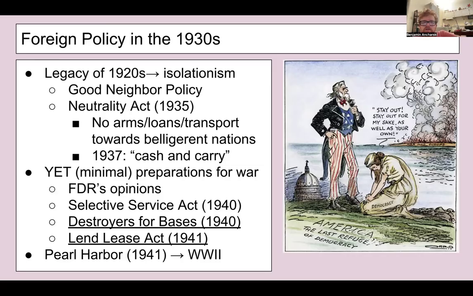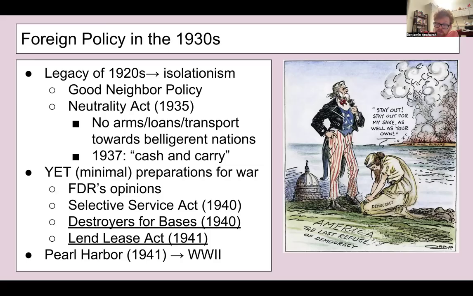I was Assistant Secretary of the Navy during Wilson's presidency during World War I, and I saw how just unprepared our country was for that war. FDR thinks that war is inevitable, but it's also necessary. FDR did believe that fascism was a horrific threat towards human civilization, and that eventually we would have to get involved to stop these horrific countries from expanding: the Nazis in Germany, the fascists in Italy, and the imperialists in Japan.